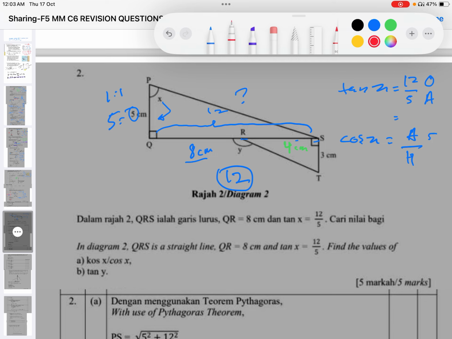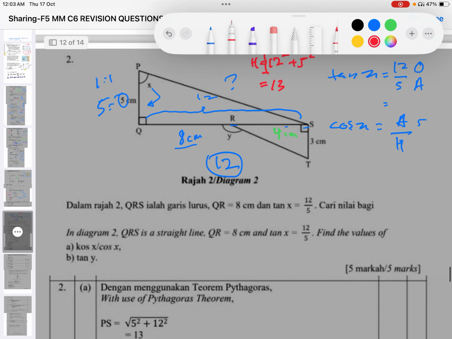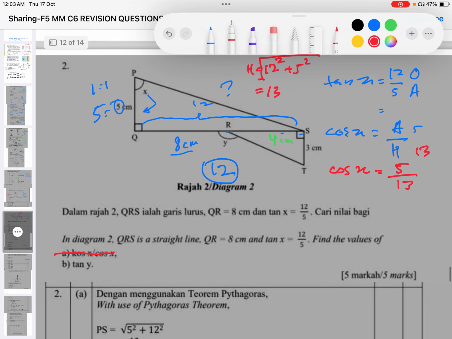So untuk kira hypotenuse, 12 kuasa 2 tambah 5 kuasa 2, punca kuasa dua. Akan dapat 13. So 5 per 13 jawapan dia. 5 per 13 cos x. So A done.